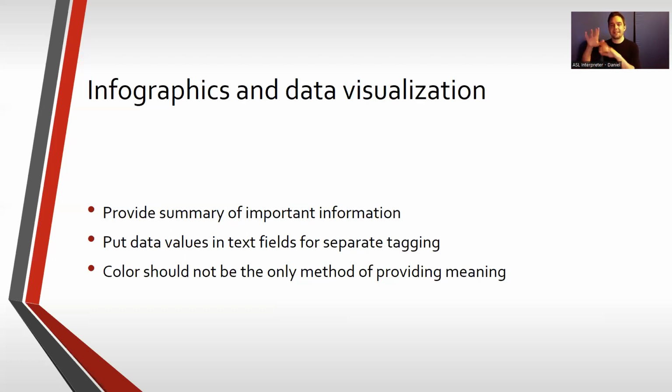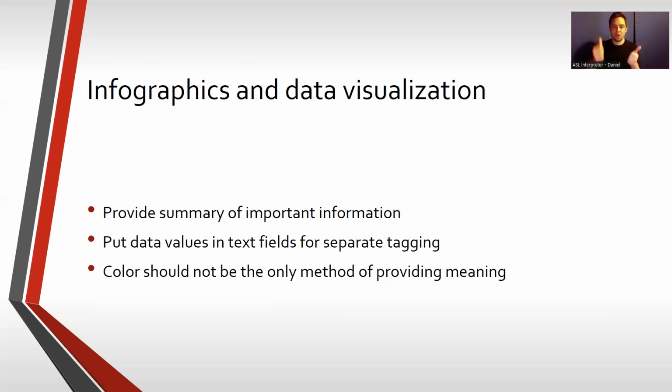I'll show you an example in a bit of how that would look, but this would allow at least assistive technology to be able to read the data points and form those comparisons along with the summary, rather than trying to force them to read a chart that's not going to read in the right order no matter what you do.